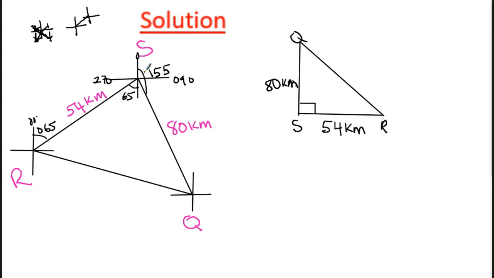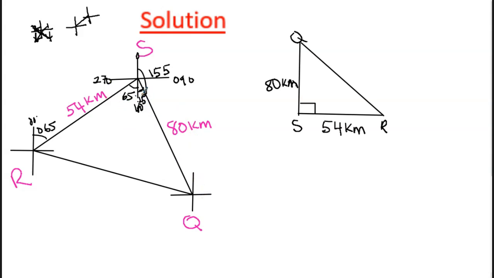So that will be the bearing of 155. Now the whole way up to this point is 180, so this small angle here will be 25. The distance between S and Q is 80 kilometers.